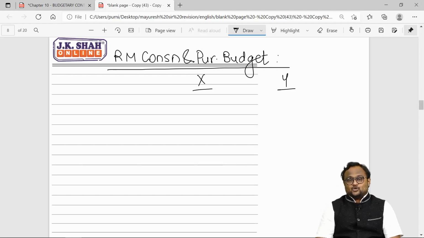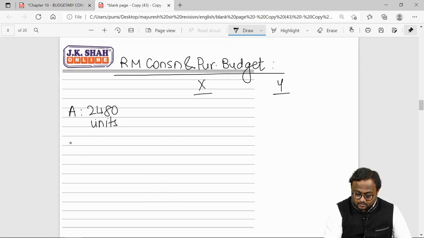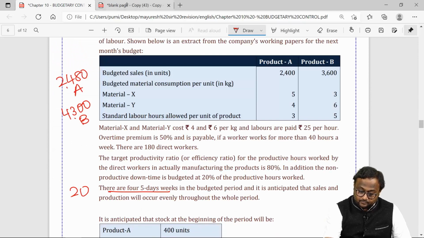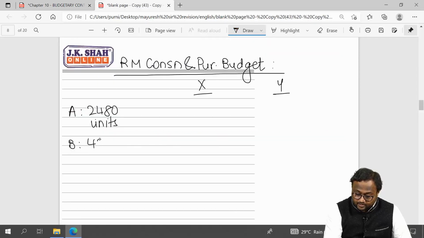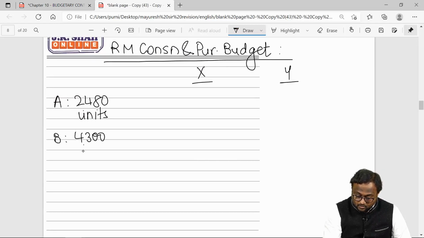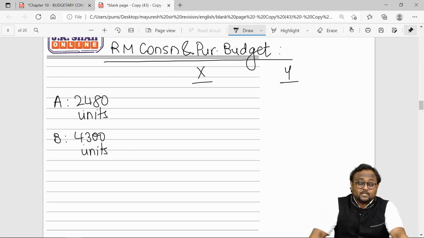First question you should ask yourself: why do we need X and Y? And the answer is, to produce 2480 units of A and 4300 units of B. That is why we need this.